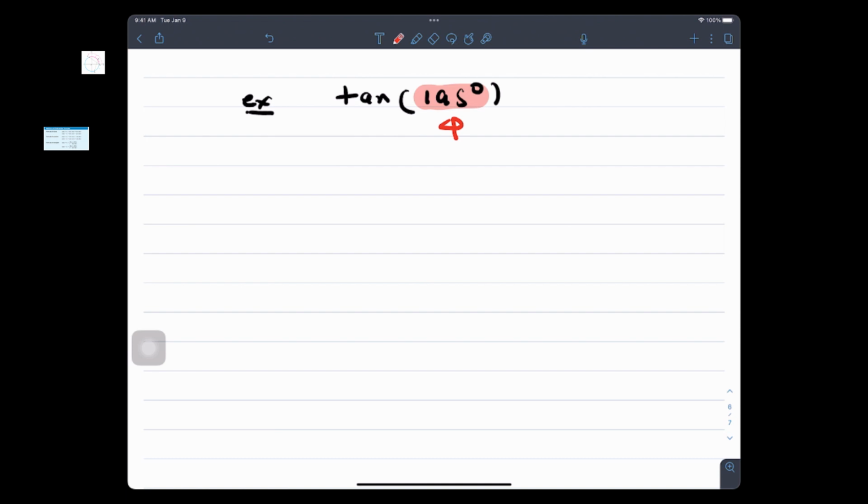What should you guys do with that? What do you guys think? There's a lot you can use. It's not just one. You can use a sum. You can use a difference. Can I say 150 plus 45? What do you guys think? Is that 195? Okay.